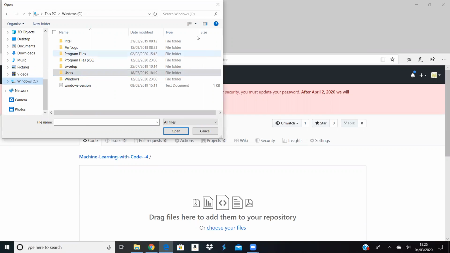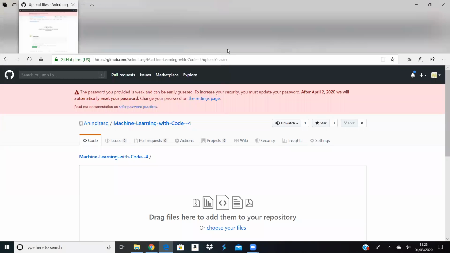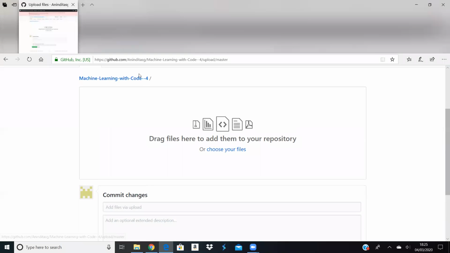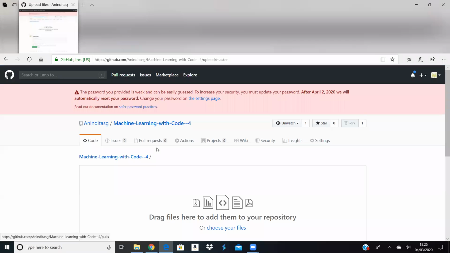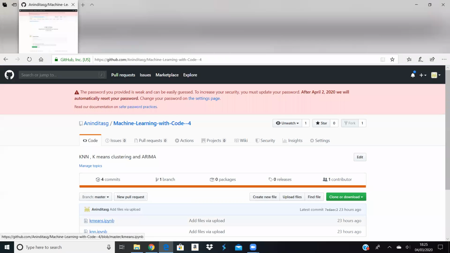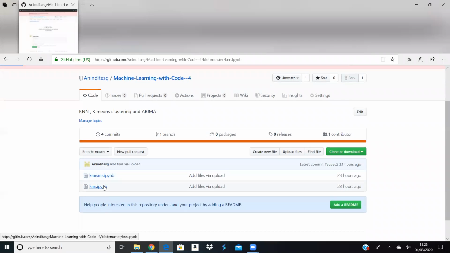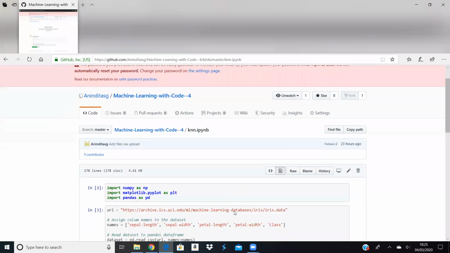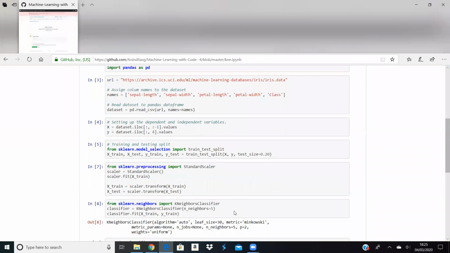Has everyone been able to download the data set? Okay.